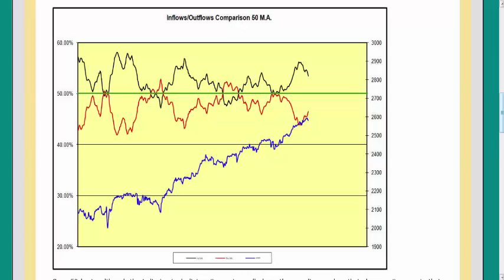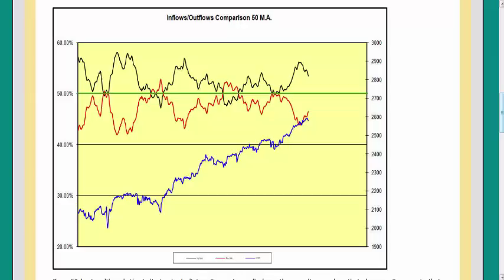So I would hypothesize, based on my experience with the indicator for over 20 years, that more than likely what we have seen over the last 25, 50 days will continue unless something changes it. And at the moment it hasn't.